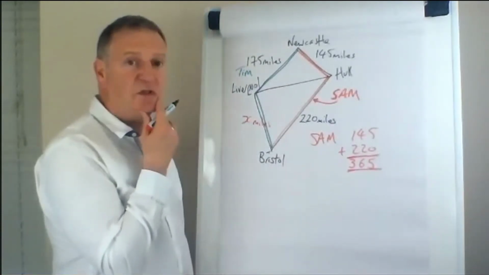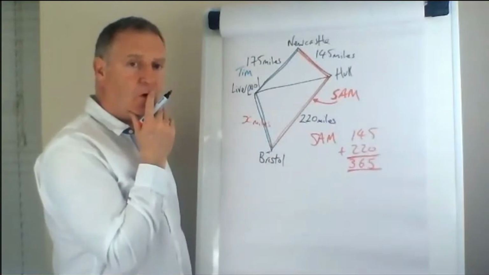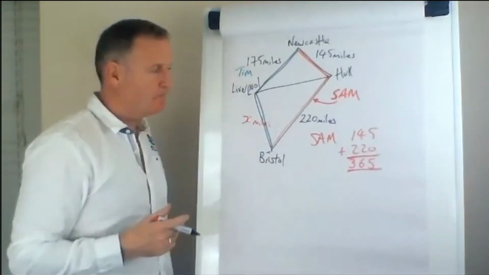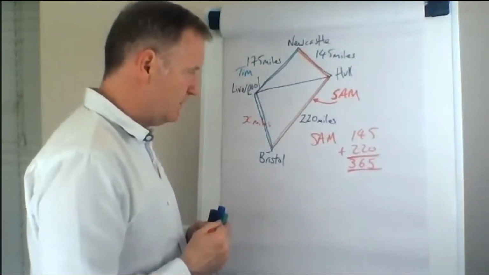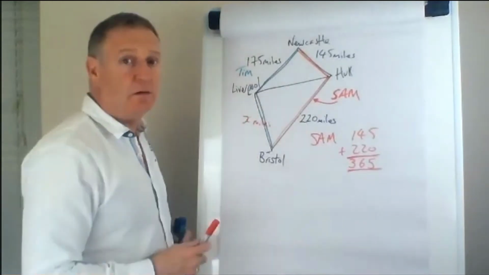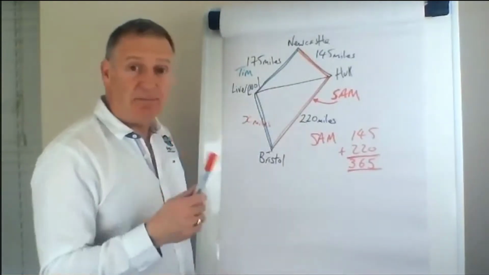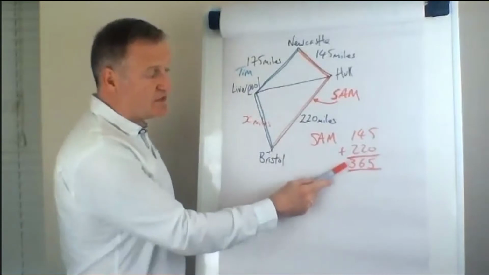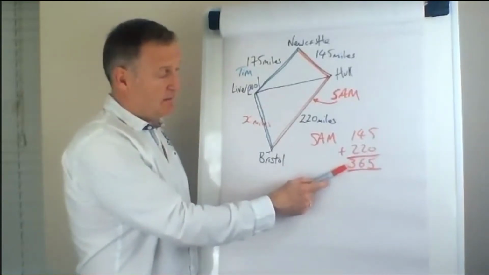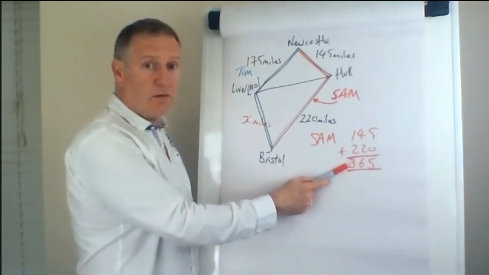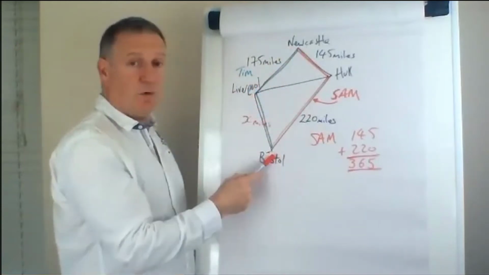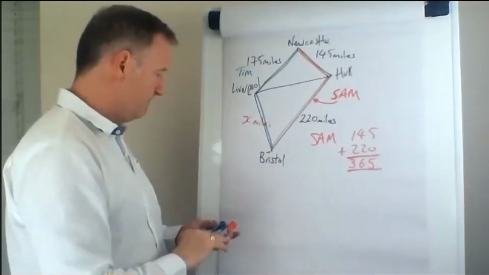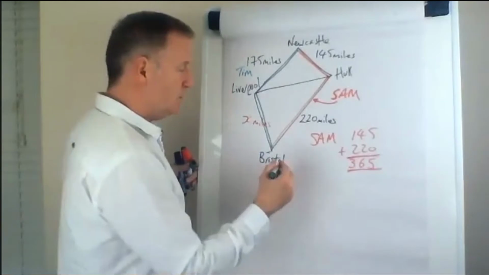What was that information you were told about Tim? Sam drives 10 more miles than Tim. 10 more? Yeah, 10 more. So Sam drives 10 more. So this distance here is 10 more than Tim. Tim does. So should we do 10? So 355.